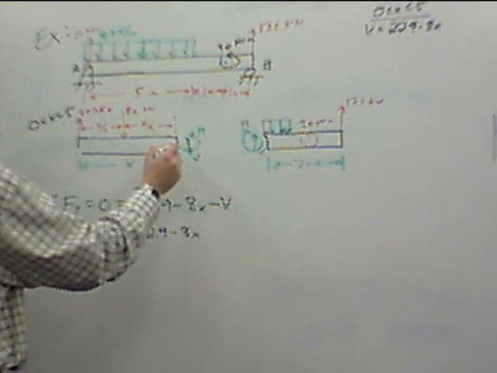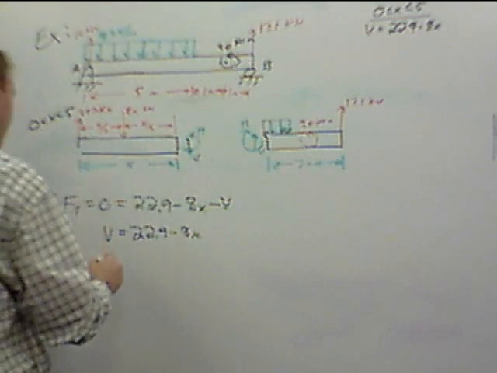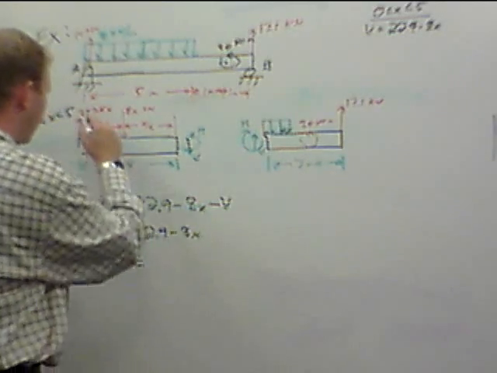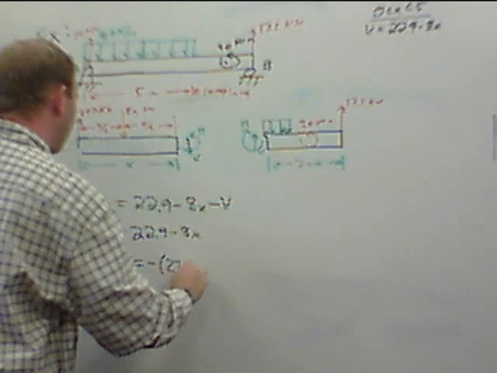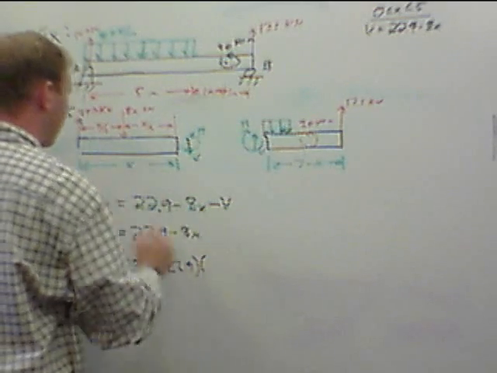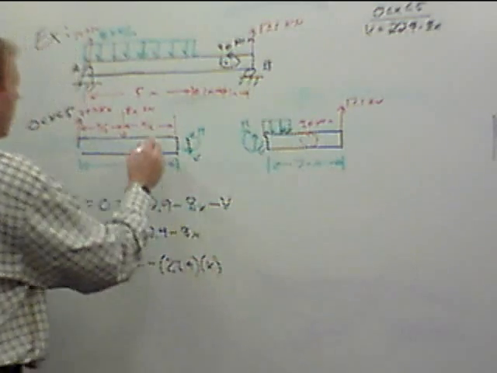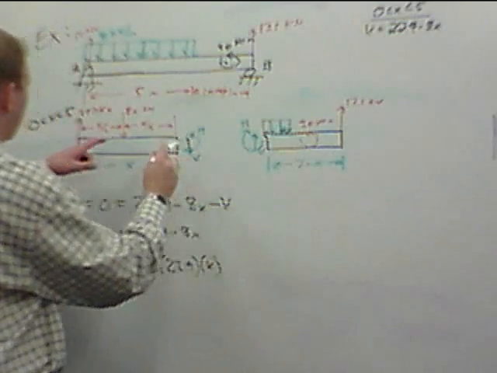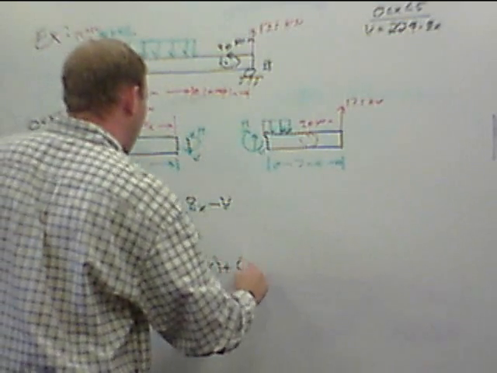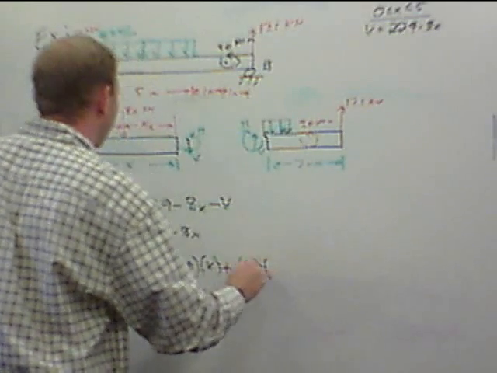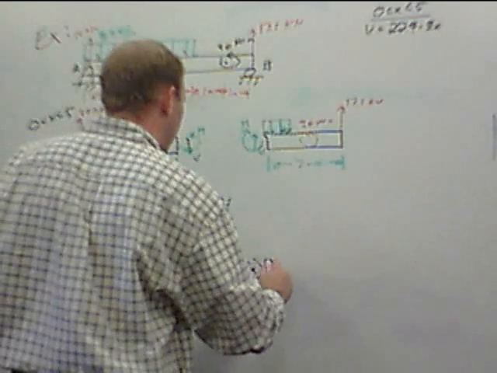So about this point, the summation of moment equals 0. The 22.9 is causing rotation clockwise, so minus 22.9 times its moment arm, which is x. 8x is causing rotation counterclockwise, so that's plus 8x times its moment arm, x over 2.